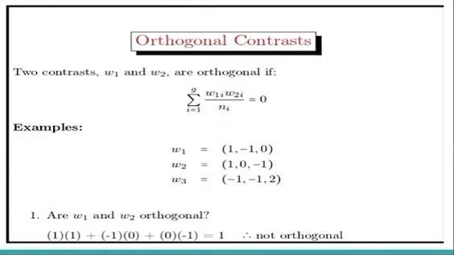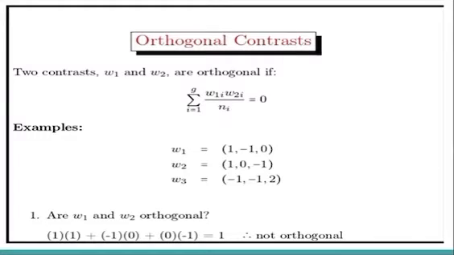Look at W1 and W2. What am I going to do? Multiply elements in the same position. 1 times 1, plus this times this is 0, this times this is 0, 1 times 1 is 1. Because I got 1, if I don't get 0, that is not orthogonal. What is orthogonal is when I get 0.